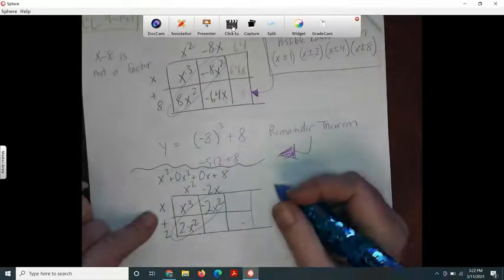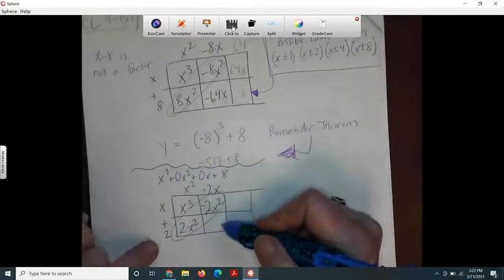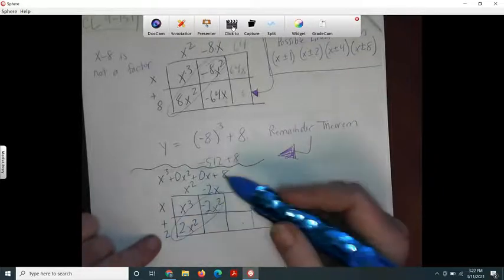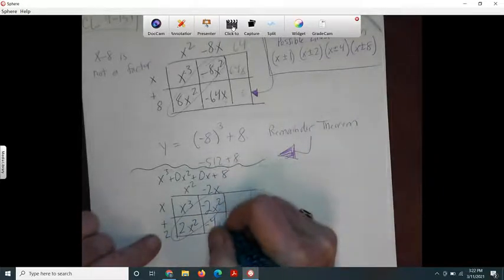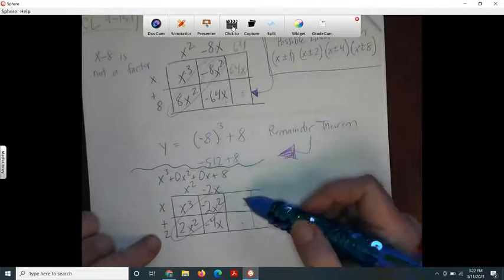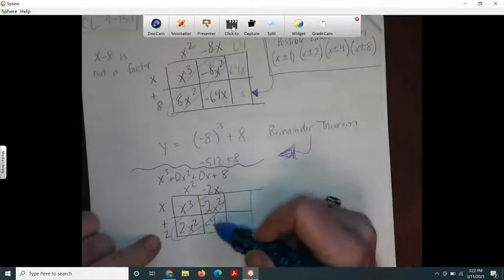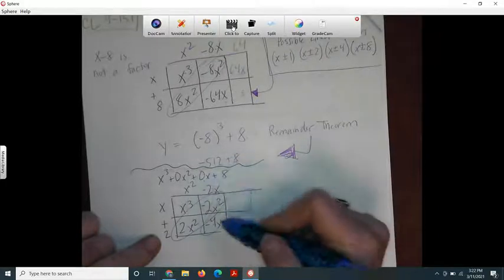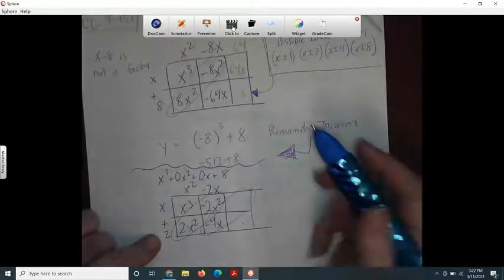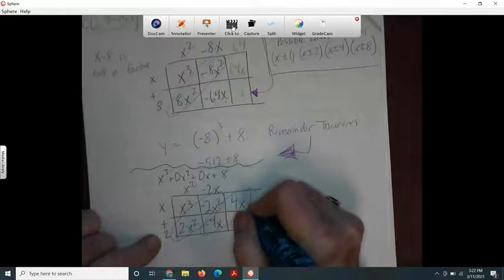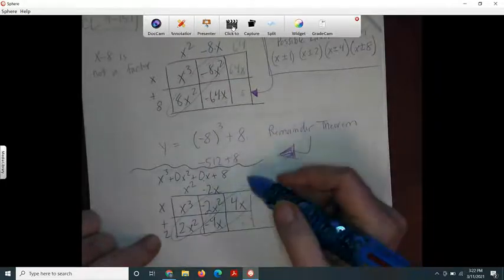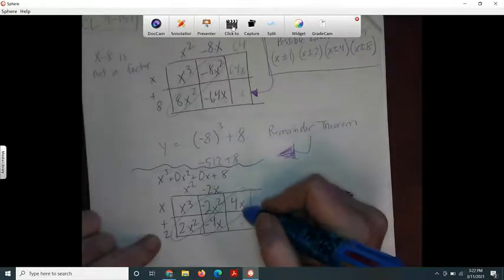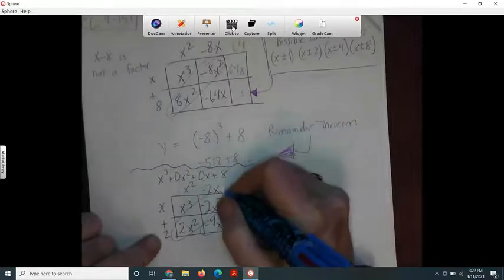And then this box plus this box has to equal 0 for the x term. So this has to be 4x. And x times something equals 4x, so this will be 4. And we hope that this ends up being 8. 4 times 2 is 8, and it is. So now we know that x plus 2 is a factor.